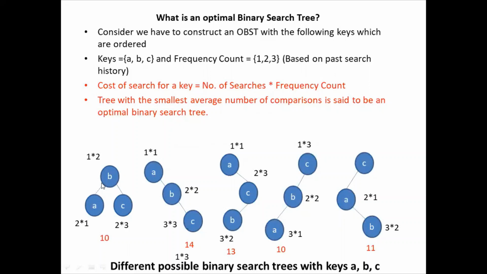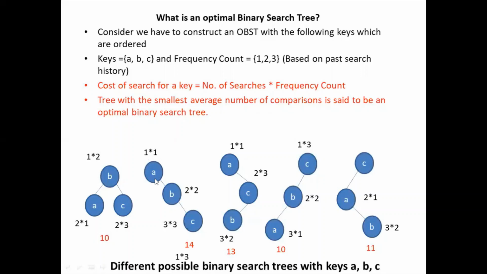The first possibility shows B at the root level. The second and the third show A at the root level, and the last two show C at the root level. Now, if you consider the first case, if B is at the root level, then as per the property of BST, A could only appear as its left and C would appear as its right. Consider the second case.